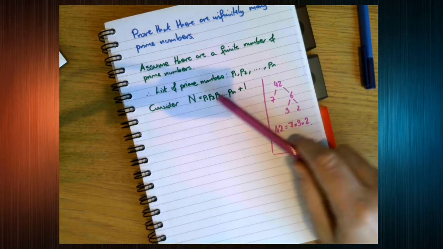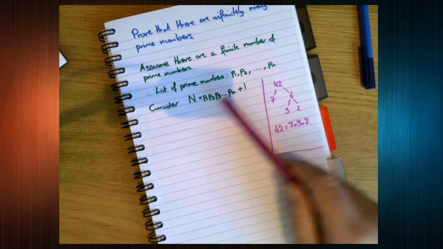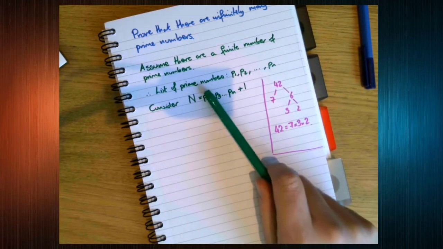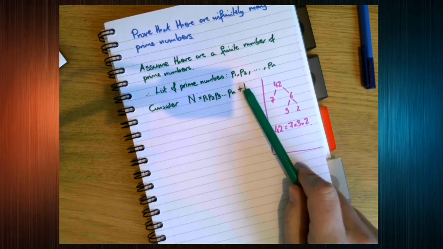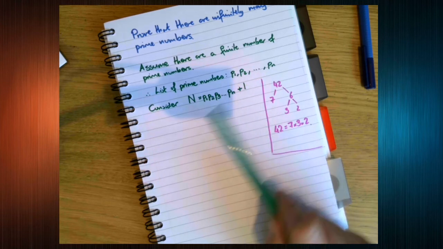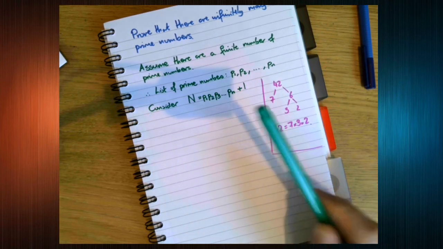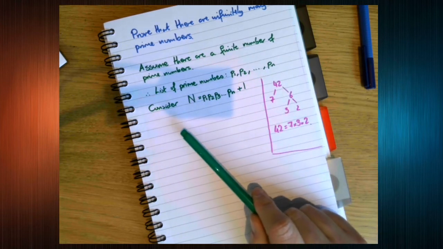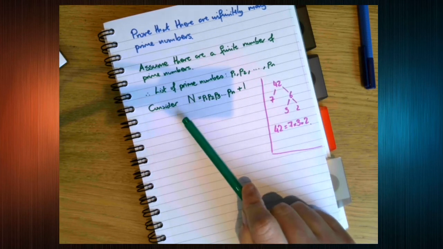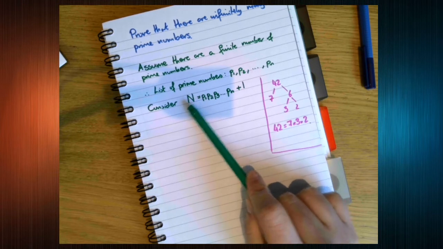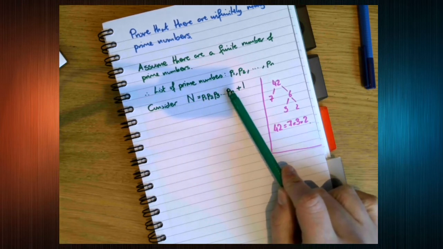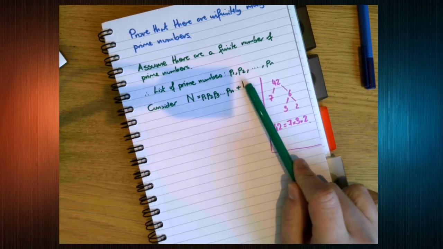So what we can do, because we don't know the prime factors of n, we'll divide n by P1. We get a remainder 1 because P1 goes into this bit nicely, and then we've got 1 left over. So P1 isn't a prime factor. Let's look at P2. So let's divide n by P2. We get P1 times P3 times P4 times all the way up to times Pn, and then we get plus 1 over P2.